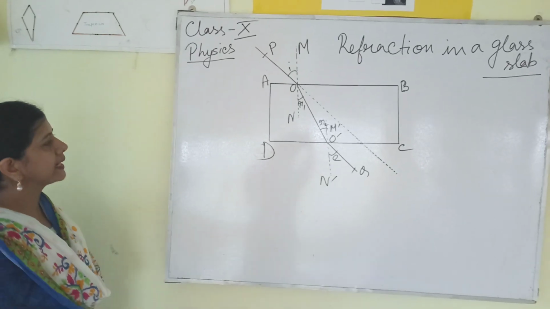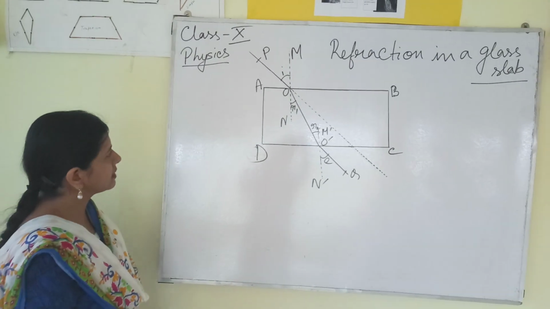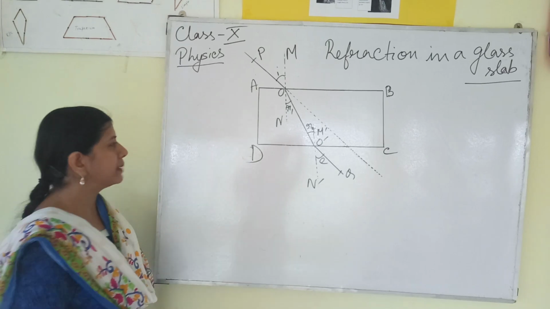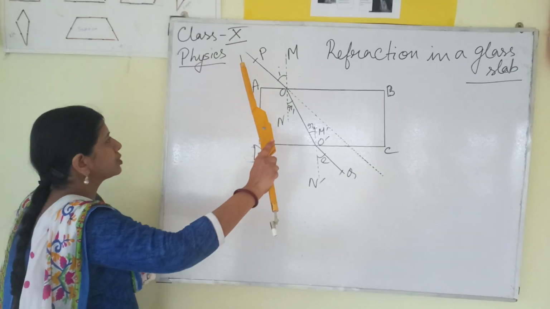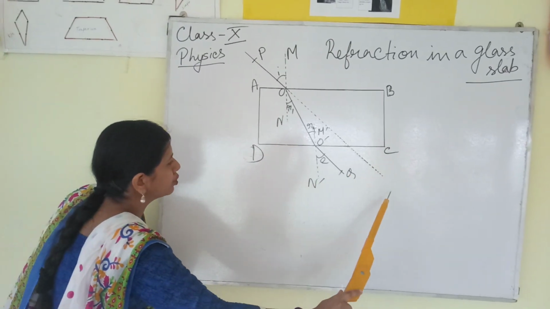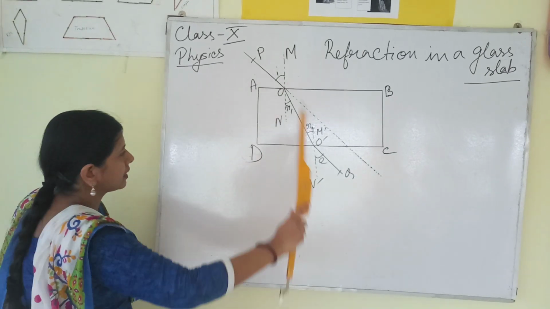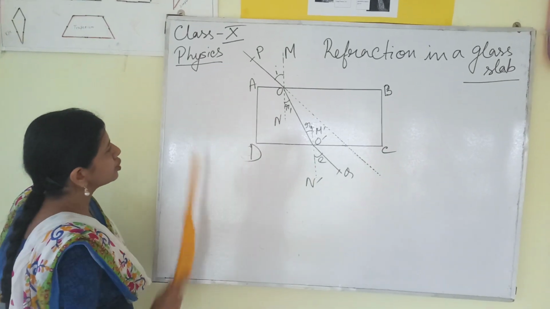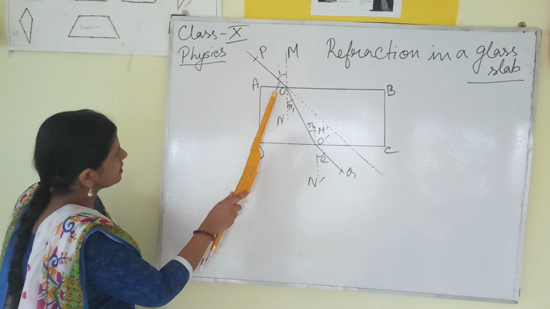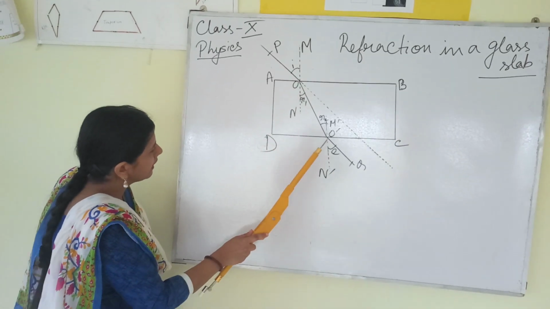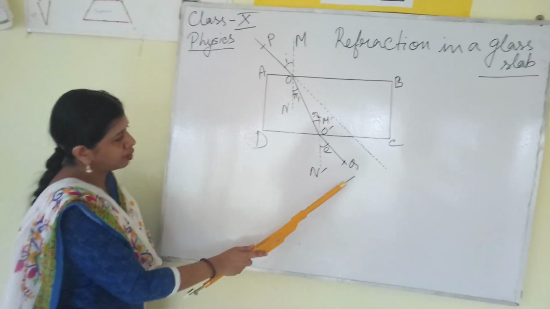Now one thing is very clear from the picture: if there were no glass slab, the light ray would have gone this way, along this path. But now due to the glass slab, first it comes here, then bends, and again bends away from the normal.